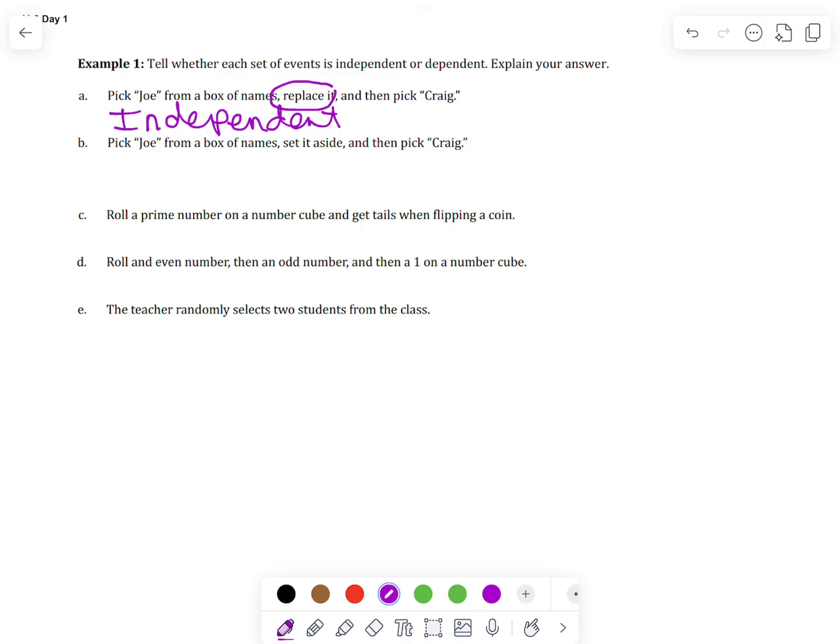Part B. You pick Joe from a box of names, you set it aside, and then you pick Craig. So this time, this is with no replacement. So the probability has now been adjusted when you pick Craig. So this is considered dependent.